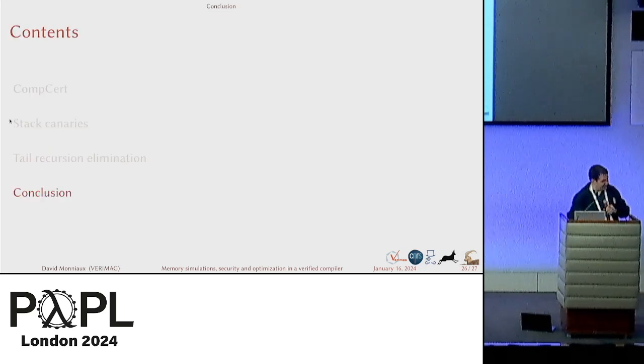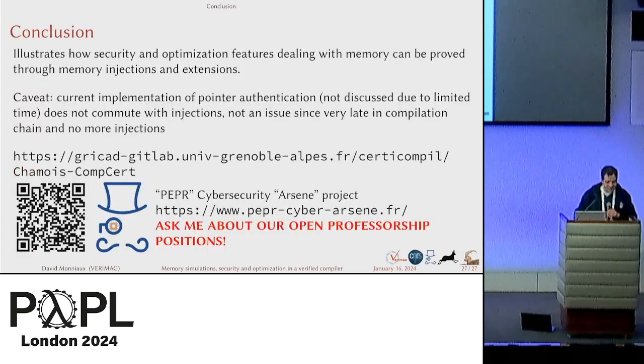So you were asking me to conclude, and I'm concluding. The point of this talk is to illustrate how security and optimization features that deal with memory can be proved simply through memory injection and extensions.